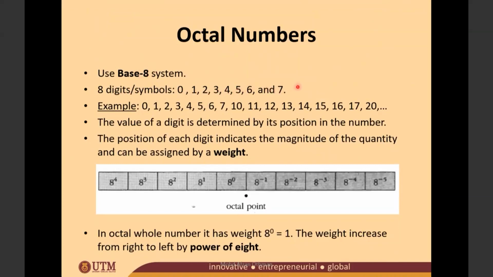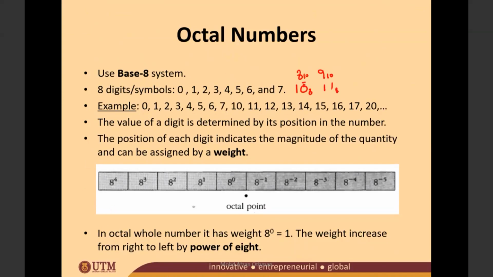Nombor 8 tak ada dah. So kalau nak represent nombor 8 dalam asas 8, dia akan jadi 1, 0. So this is asas 8. Kalau 9, dia akan jadi 1, 1.